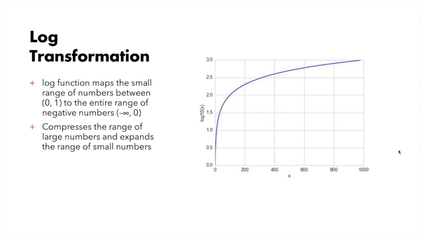Notice how the horizontal x values from 100 to 1000 get compressed into just 2 and 3 in the vertical y range, while the tiny horizontal portion of x values less than 100 are mapped to the rest of the vertical range.